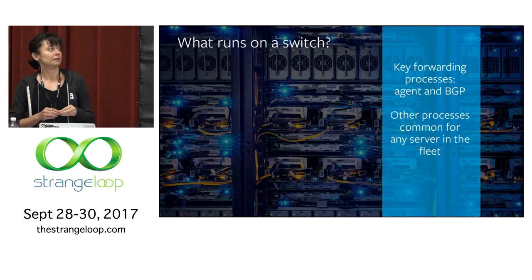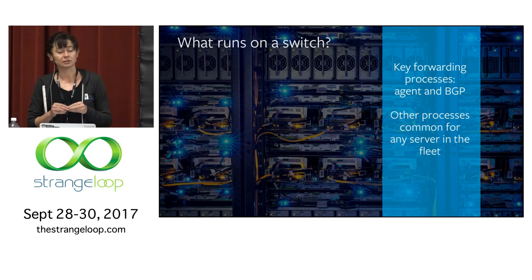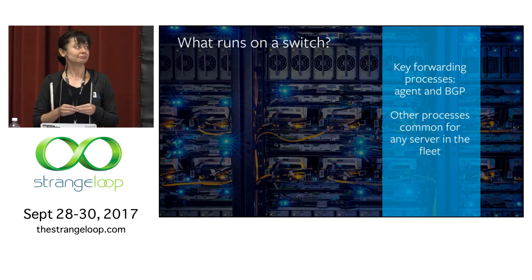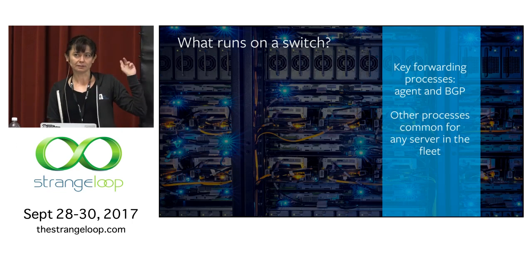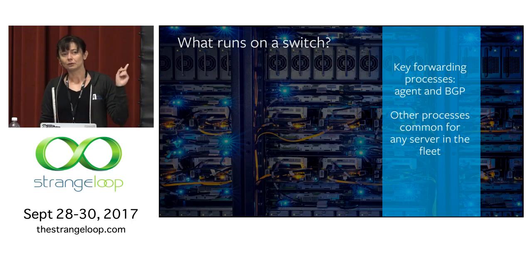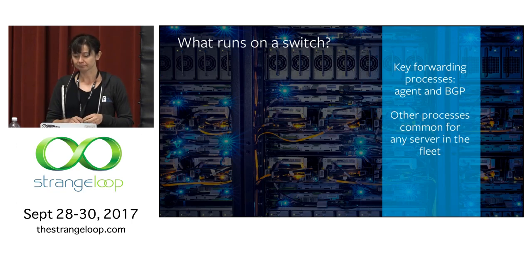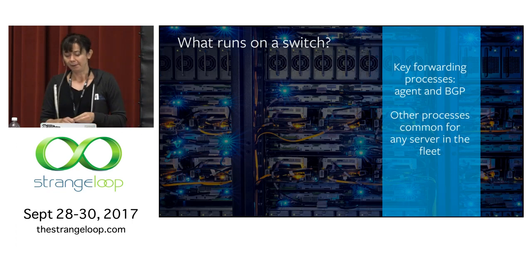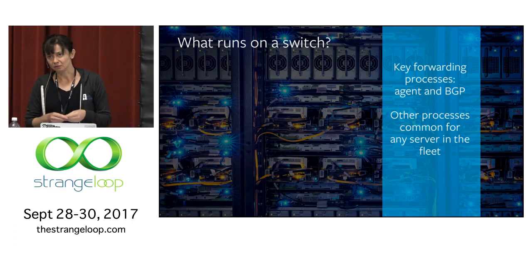So let's look at some interesting things about software, which is where I work. On this previous timeline, with all these different network switches, the interesting thing is they all run the same software. That was intentional. So what is that software?